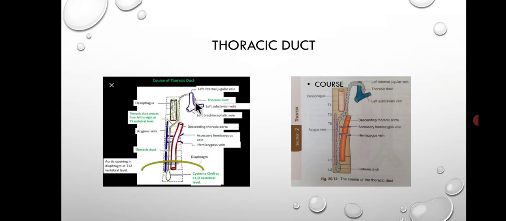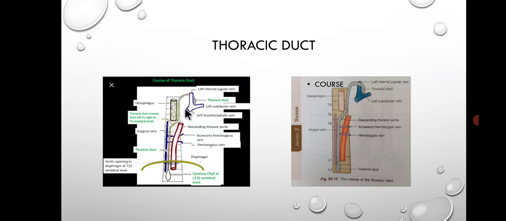In the neck, I have already told you that the superior vena cava is divided into the right and left brachiocephalic veins. Each brachiocephalic vein divides into two parts, the subclavian vein and the internal jugular vein.